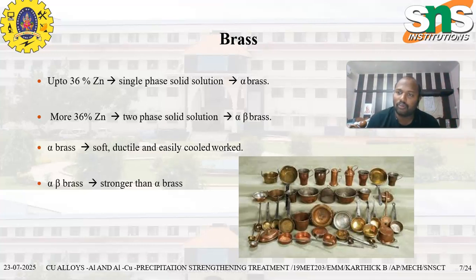The main motive of forming these two brasses is that alpha brass is soft, ductile, and easily cold worked, so it is used to make utensils and in most household applications. Alpha beta brass is stronger than alpha brass because of the formation of beta in the solid solution.